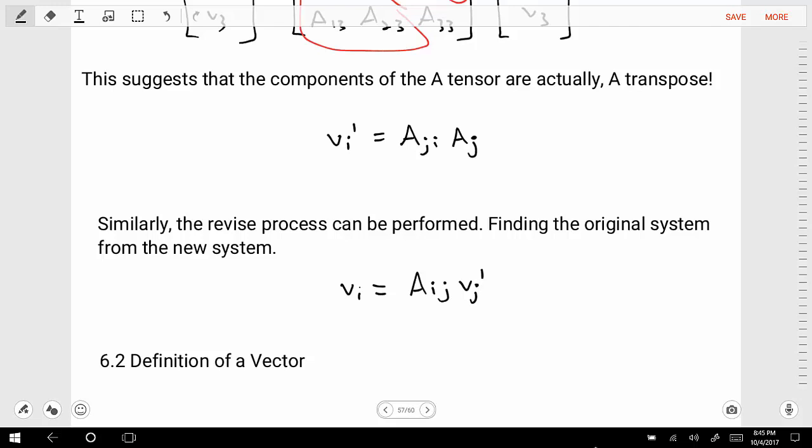So that tells us that once we find our transformation tensor, if we simply transpose the terms, we can go forwards and backwards with respect to our original coordinate system and the new system that we want to define. So from the original to the new, and from the new back to the original.